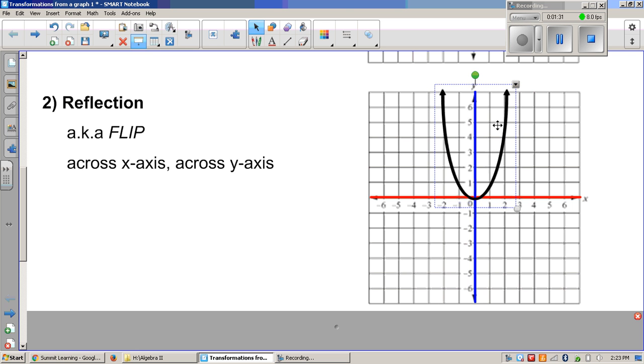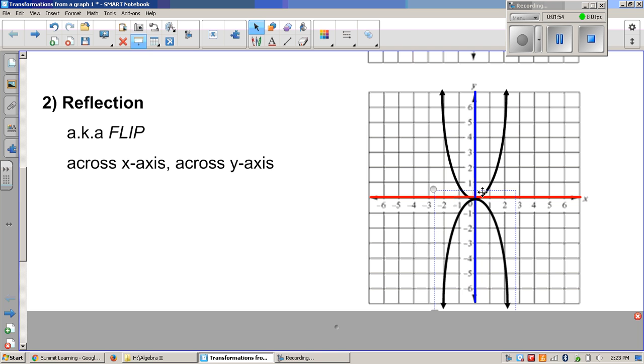So, I want to have a mirror image on the other side of the x-axis. So that means my graph needs to be below the x-axis. If I reflect and it starts above, it will reflect over and be below. So it's going to open down, and then it's going to look like this.